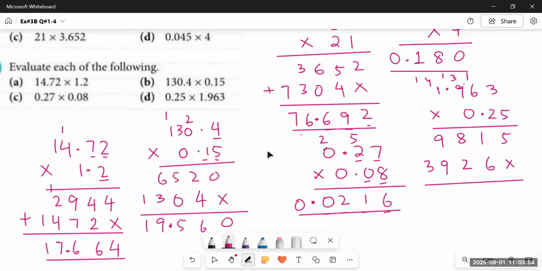So it would be 5, 7, 10, 19, and 4. So it would be 49075. Where to put the decimal, since we had 1, 2, 3, 4, 5 decimal places, and we already have 5 digits, so we'll put a decimal right before the first one, that is 0.49075 would be the final answer. That's all.